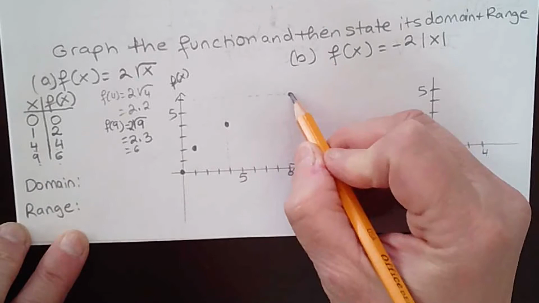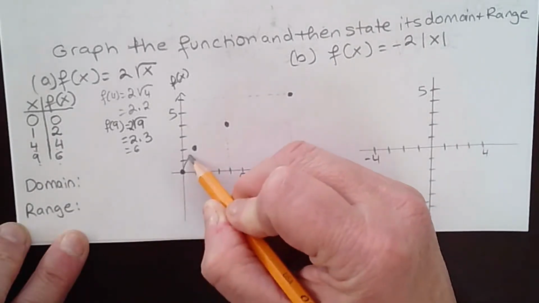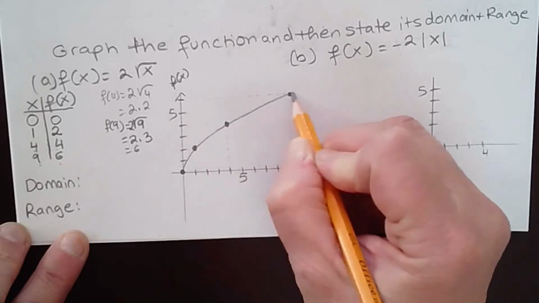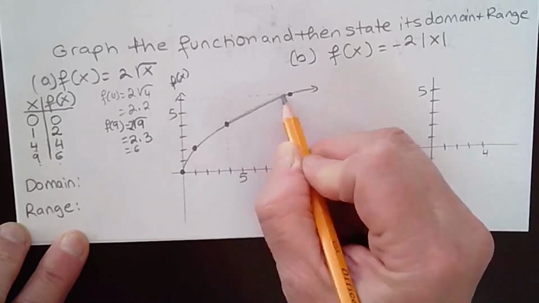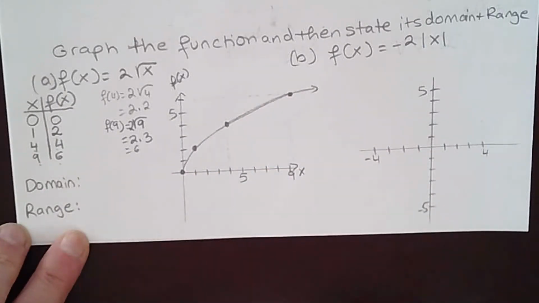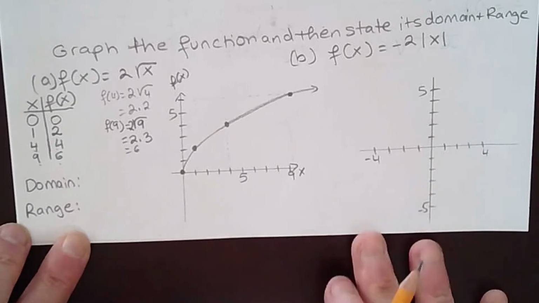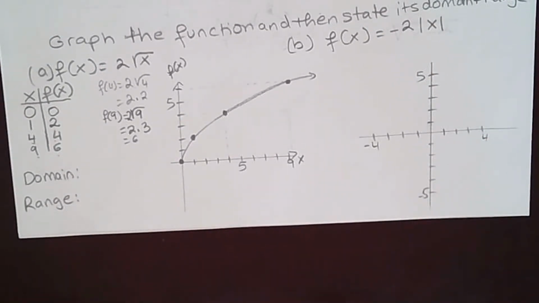Connecting the dots, you're going to end up with a graph that looks like this. If you notice, it looks like an arc. And here is the graph of f of x equals the square root of x.